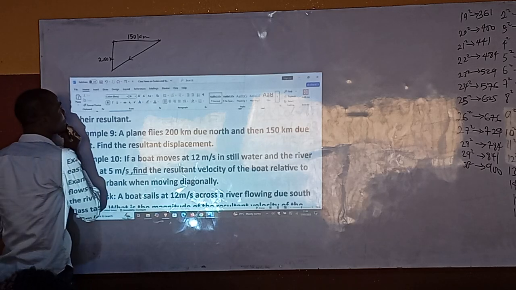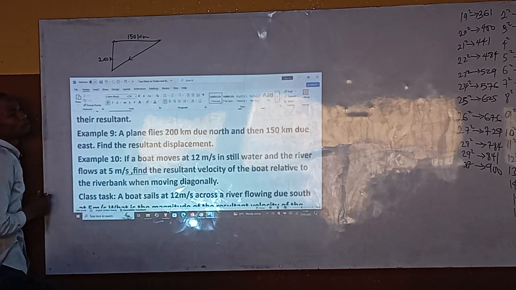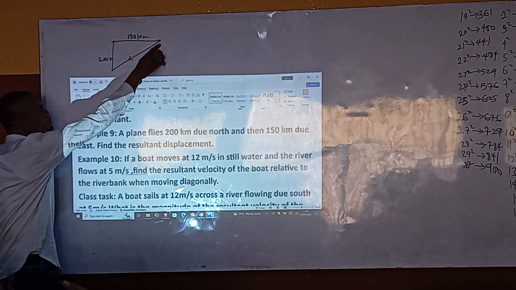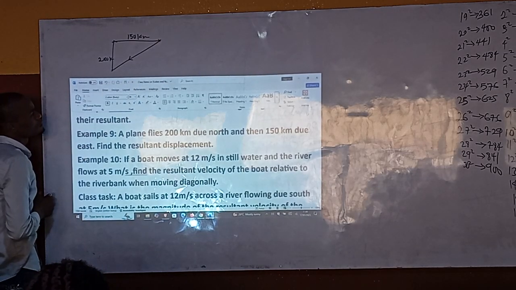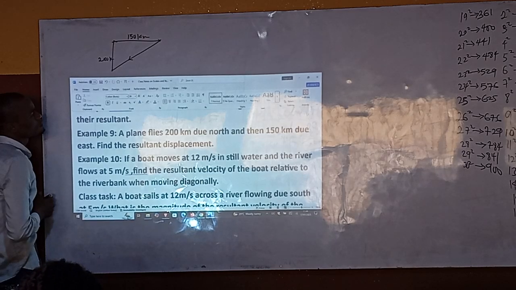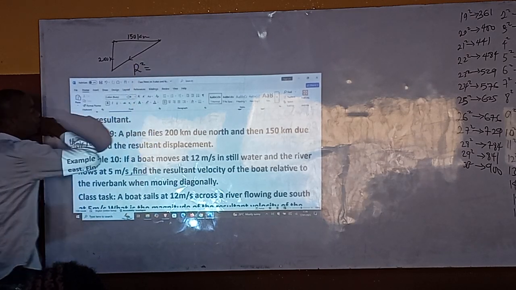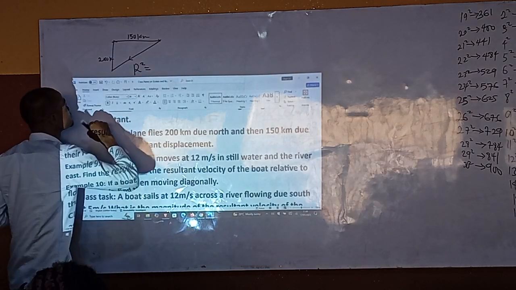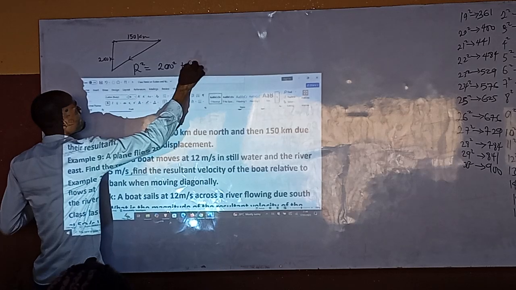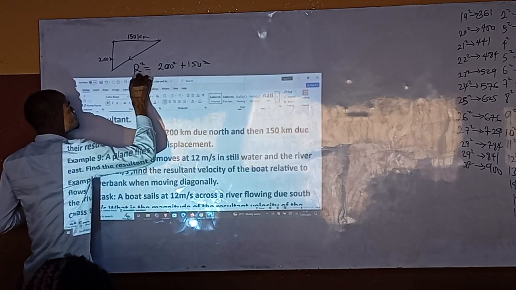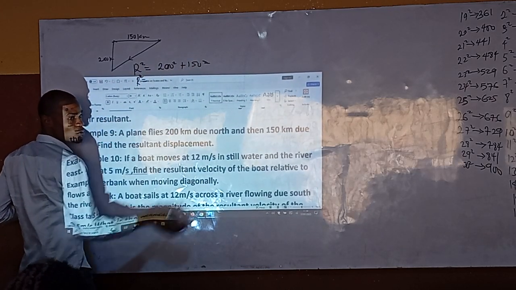Now, what are we going to do? The resultant will be from here to this place. Pythagoras theorem: r squared equals to what? Just think 200 times 200.